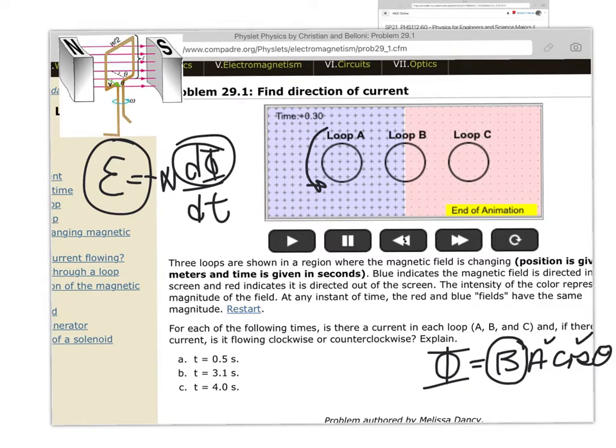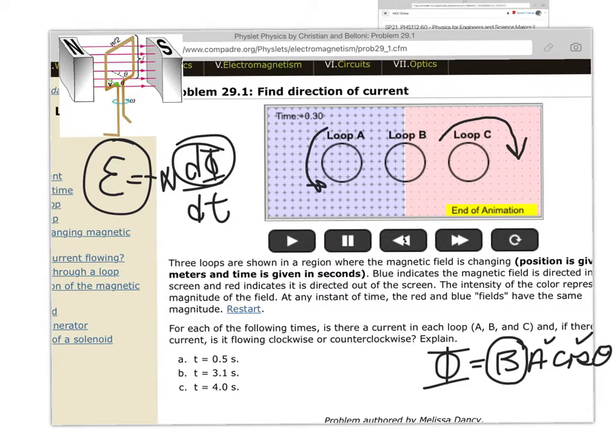And by the same argument, since loop C on the right-hand side has field coming out of the screen increasing, in order to keep it at 0, in order to oppose that increase in flux coming out of the screen, you're going to have a clockwise EMF and a clockwise current, which will produce a current and a field and a flux going into the page.